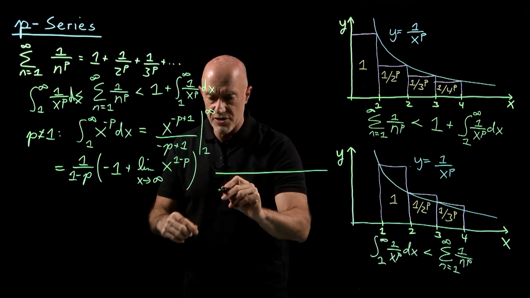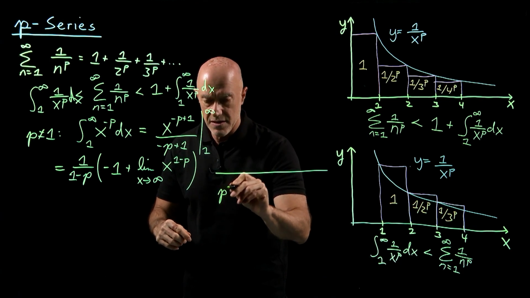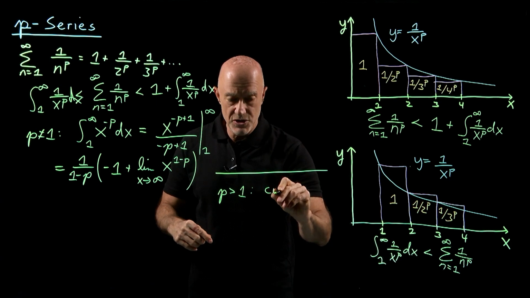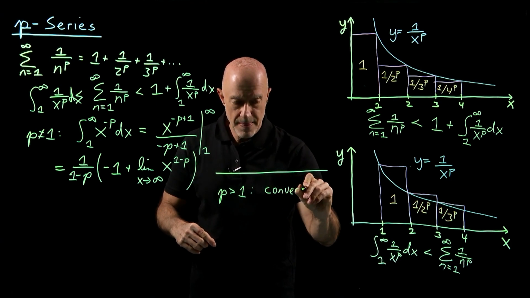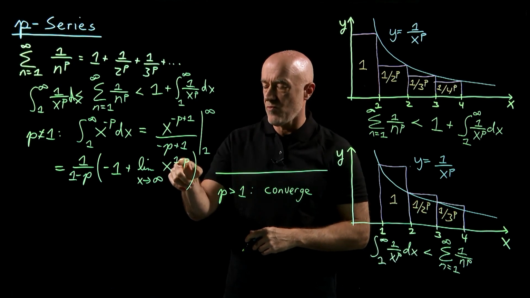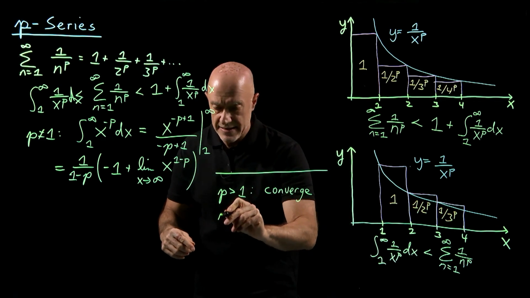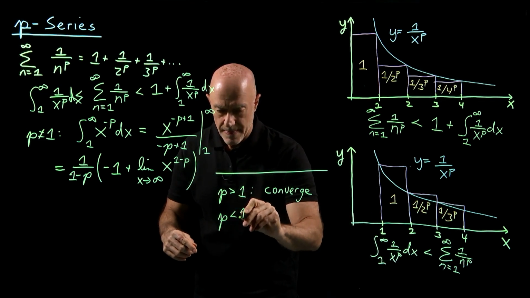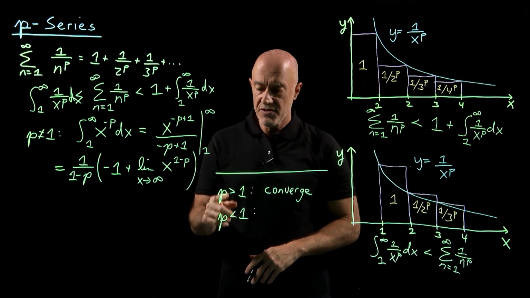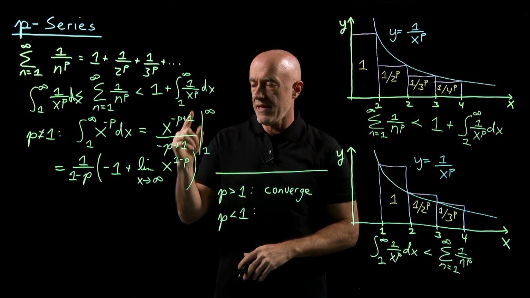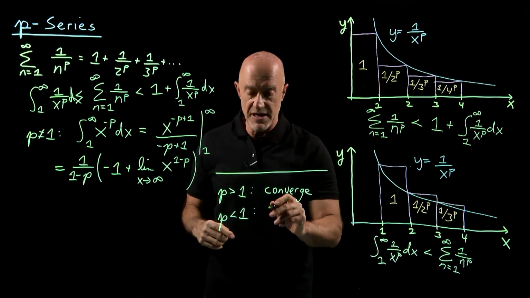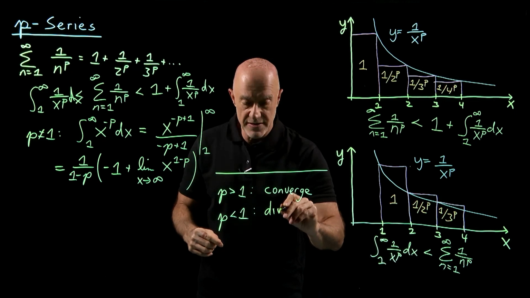If p is greater than 1, then we will get convergence. The opposite case, where p is smaller than 1, then 1 minus something less than 1 is positive. So if p is less than 1, the exponent is positive. So then as x goes to infinity, it goes to infinity, so this diverges.